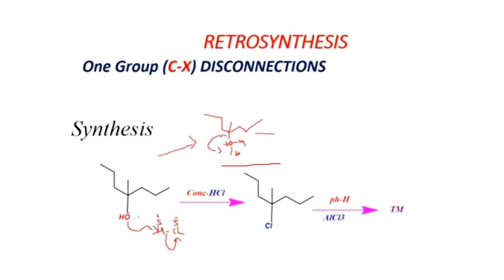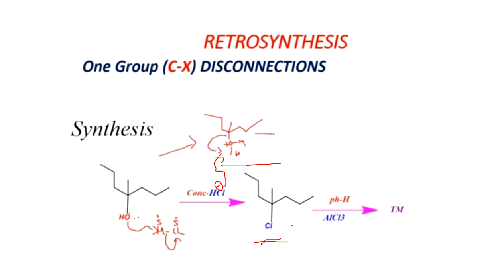This group is a good leaving group. When it leaves, the chloride from HCl can attack the carbocation, so we get a stable intermediate.